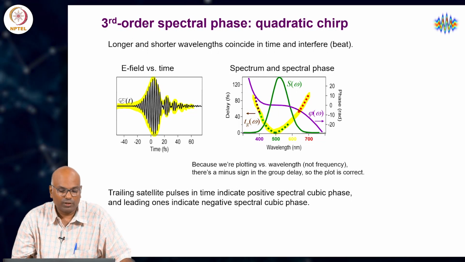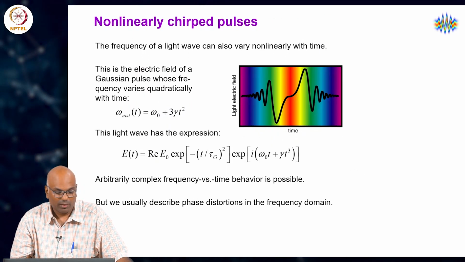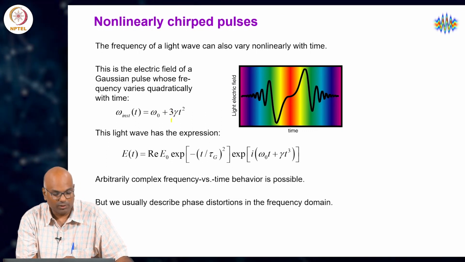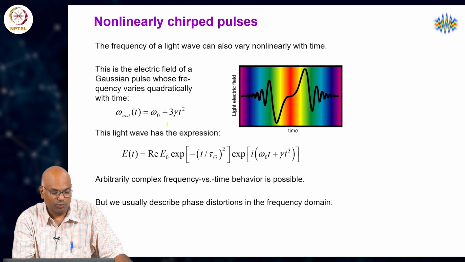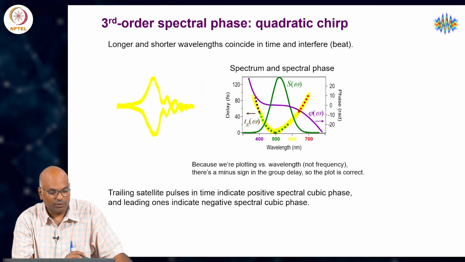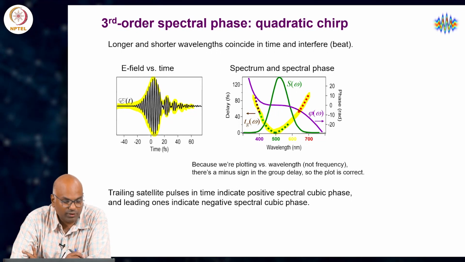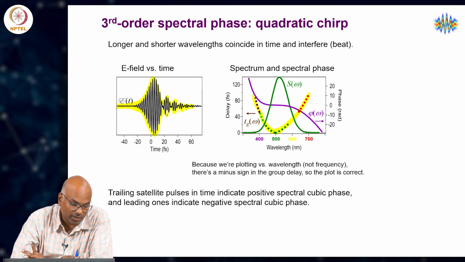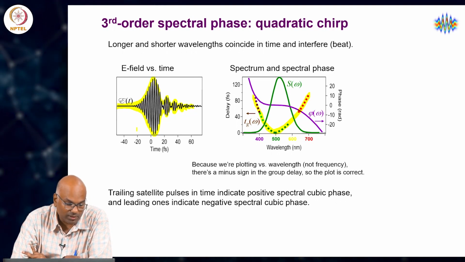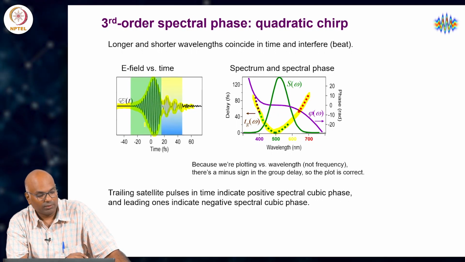If the quadratic chirp had negative sign, that is gamma had a negative sign instead of being positive, as we have chosen by default for no particular reason, if this pulse was negatively quadratically chirped, then we would have the pulselets, the satellites, leading the main pulse, both of which can happen. Okay.